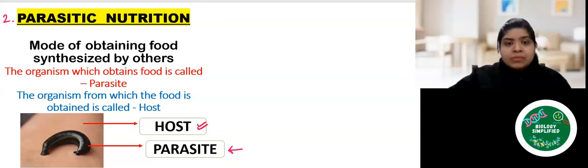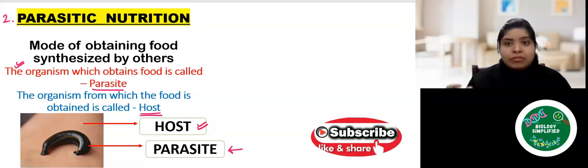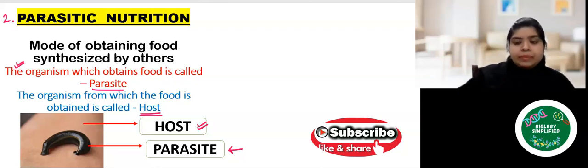Hosts are the organisms on which parasites feed, or the organism from which the parasite is obtaining food, which you call the host. And the organism which is obtaining food, we call that organism the parasite. Most of the parasites are harmful for the host, and sometimes they can even go to the extent of killing the host.